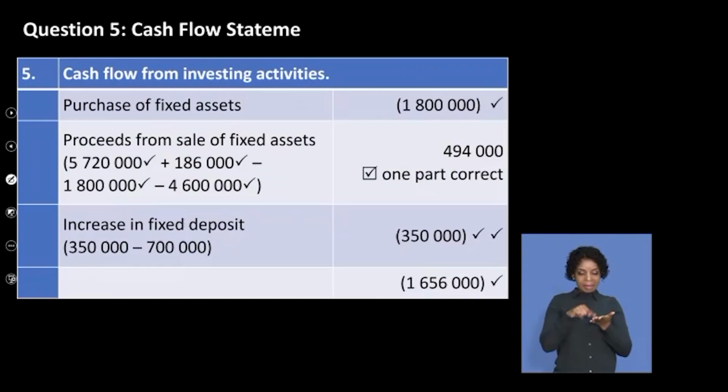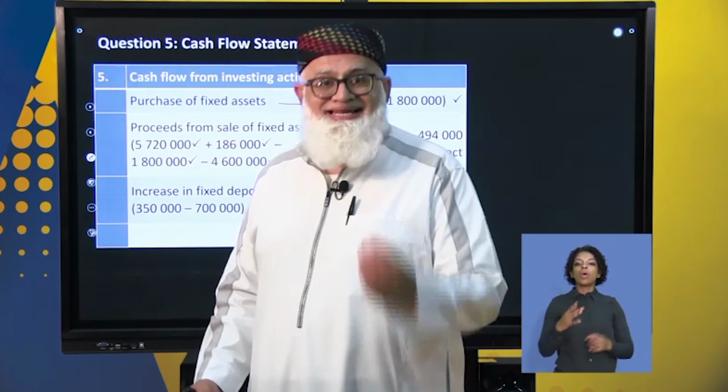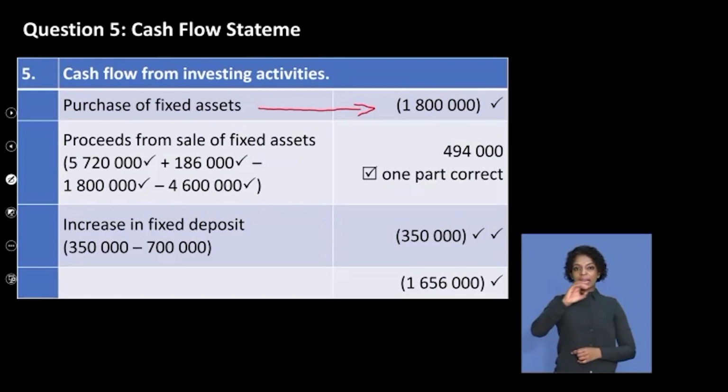Let's look at the actual note. So you start off in your investing activities by saying, purchase of tangible assets. Remember, that was given to you. You were told that you purchased land and buildings to the value of 1,800,000. Then you got your proceeds. Now this proceeds calculation is exactly the calculation that I showed you just now. Watch, 5,720,000 was the closing figure, plus the 186,000, reverse operation.